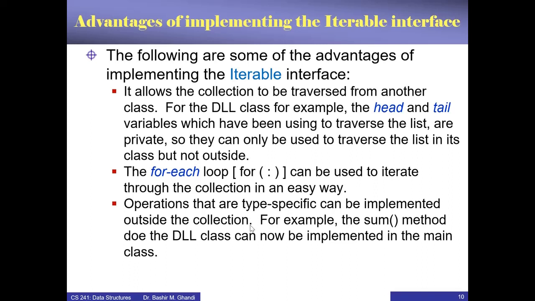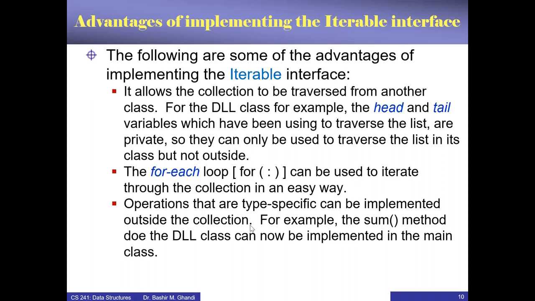So if, for example, a user creates a DLL of students, you can see that the sum method will not work because the elements are not numbers. So you cannot define the sum method inside the DLL class. It's type specific. You have to define it outside the class.